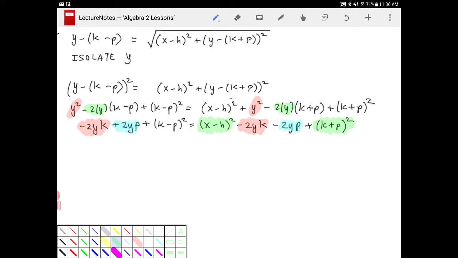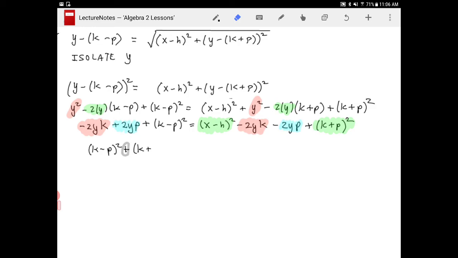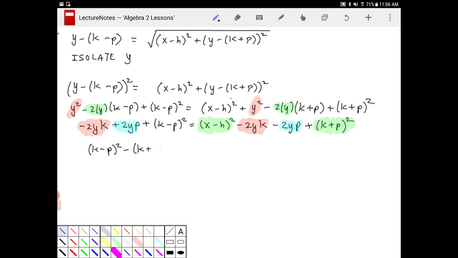And what I will end up with as a result is k minus p quantity squared minus k plus p quantity squared minus x minus h quantity squared is equal to negative 4yp.